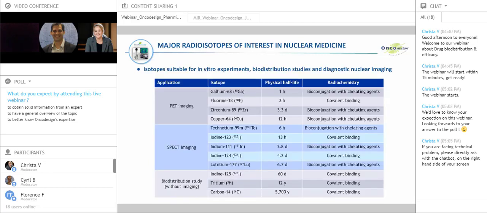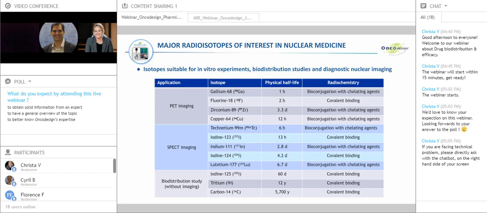On the next slide, there is a table of the major radioisotopes that are of interest in nuclear medicine. Depending on the application you want, it could be PET imaging, SPECT imaging, or simply biodistribution without imaging, will we pick one or the other radioisotope?